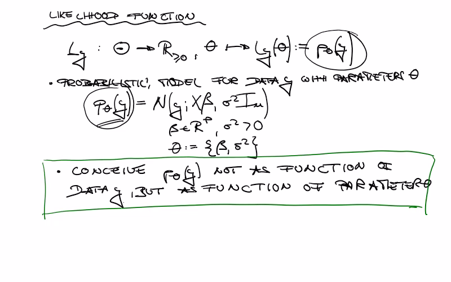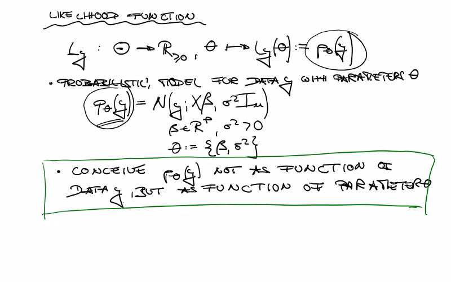Or you can say, I fix the value of y, and now I let my θ, my β and my σ² vary around. How does the output change? So it's not that the likelihood function is completely different from the probability density function that describes the model, it's just a different focus.